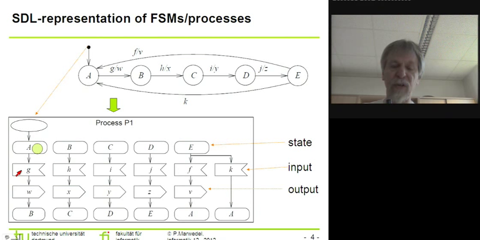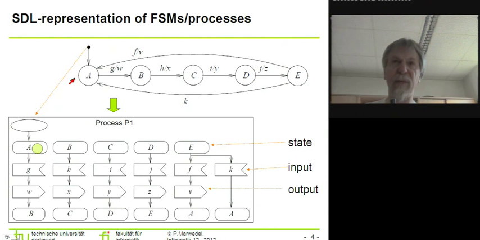In order to introduce that special graphical notation, I would like to derive a special example from the corresponding representation as a finite state machine in the form of a state diagram.